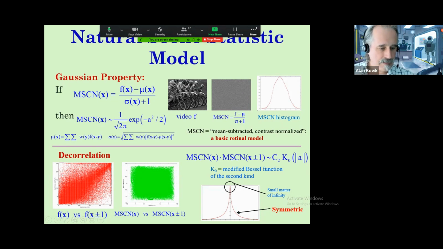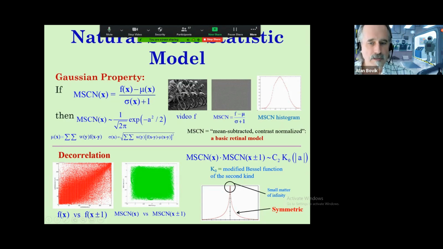You can see that in these two-dimensional histograms, where it's basically just plotting a pixel against its neighbor, if the two pixels are next to each other. You can see an almost linear relationship, super strong correlation in a video before we apply this perceptual processing. Afterward, it looks like white noise.